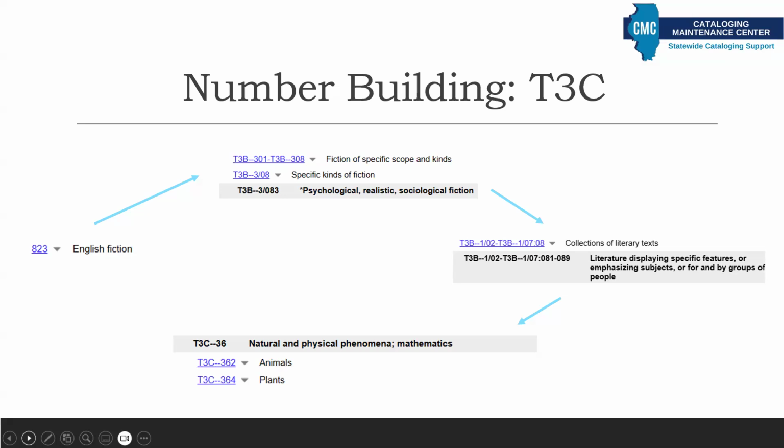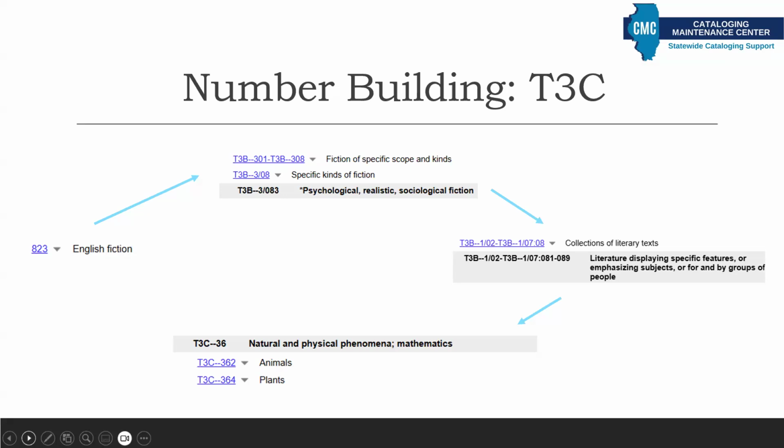3/083. This will take us then back to the table T3B, and from there we'll choose T3B 1/02 to 1/07:08, which is collections of literary texts, and then move down to literature displaying specific features or emphasizing subjects or for and by groups of people at T3B 1/07:081 to 089.